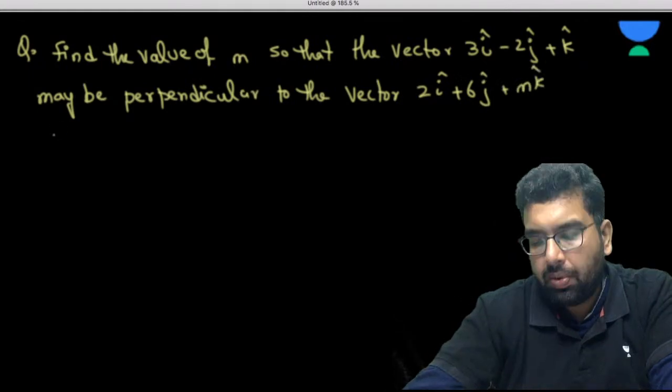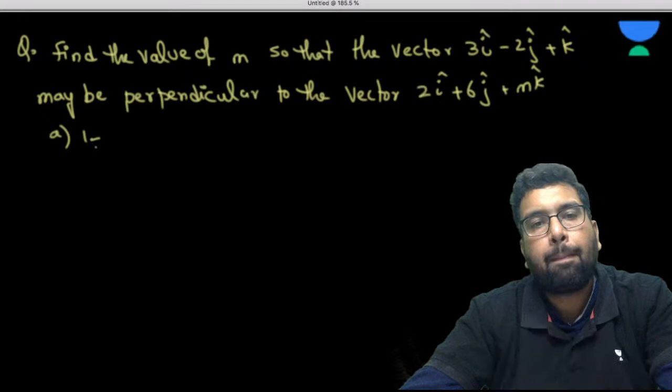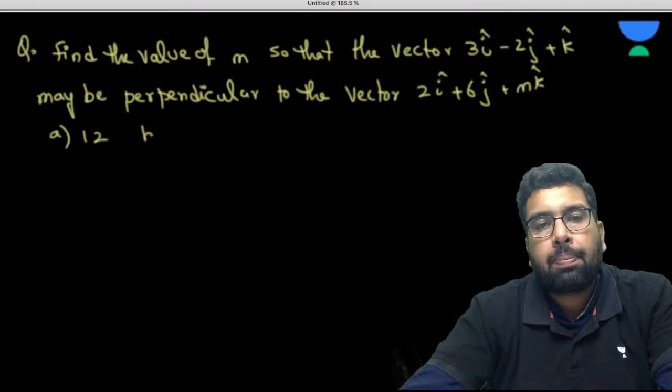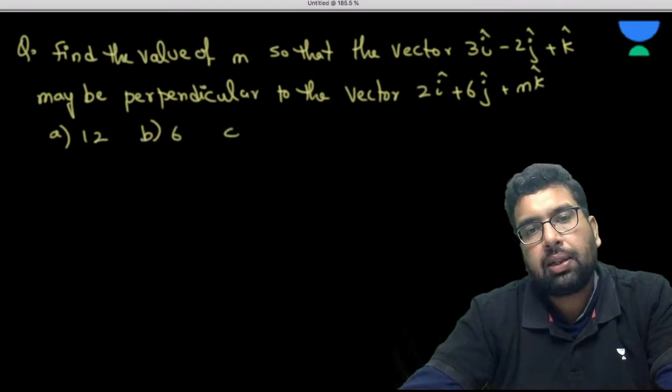And here you have some options as well. A is 12, B is 6, C is 36, and D is 80.